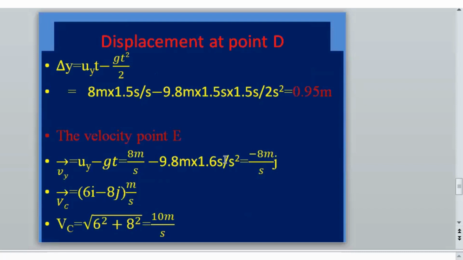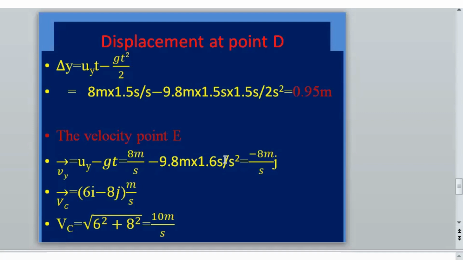The velocity at point E. Using the same formula, the vertical velocity at point E is minus 8 meters per second. Without calculation, we can estimate the velocity when it comes back to its starting point. The vertical velocity is the negative of the initial vertical velocity.